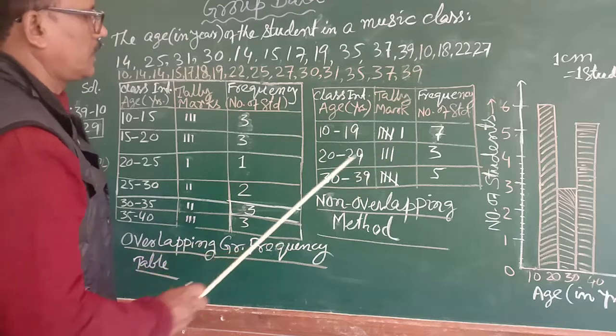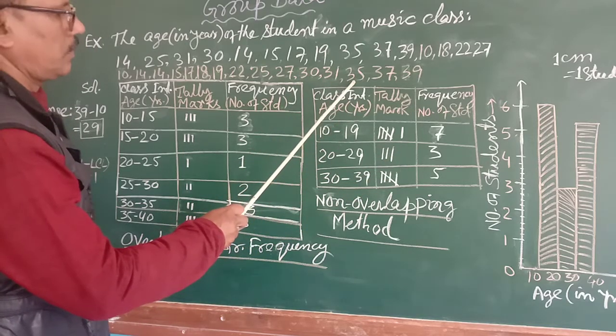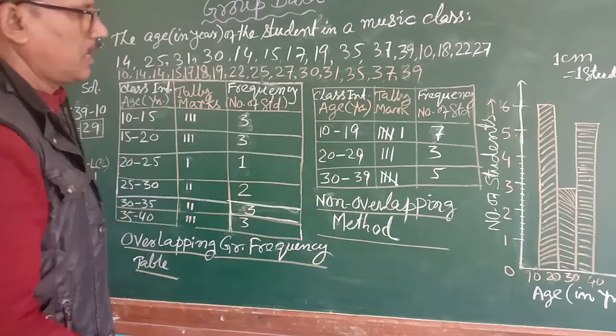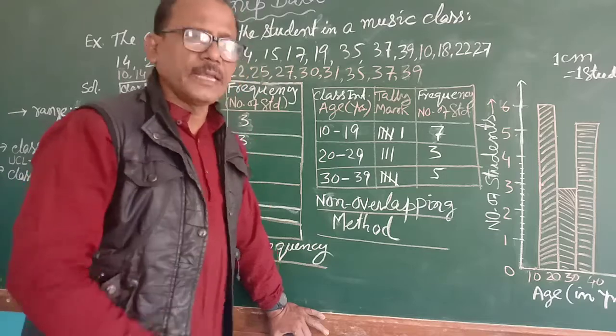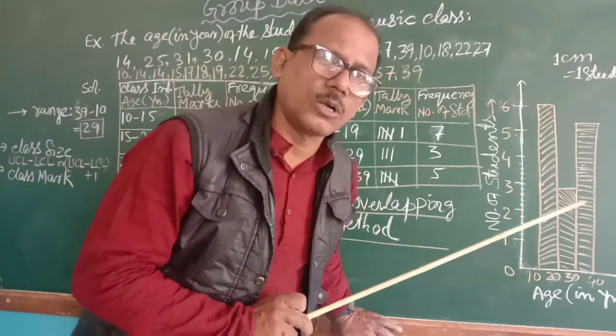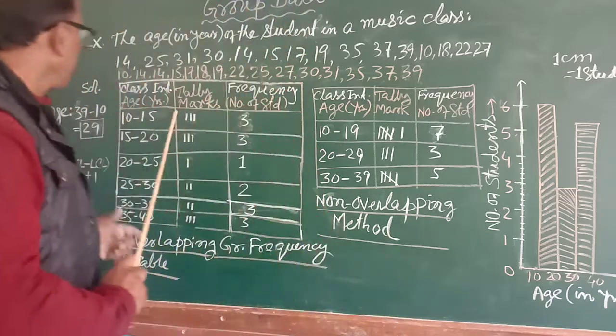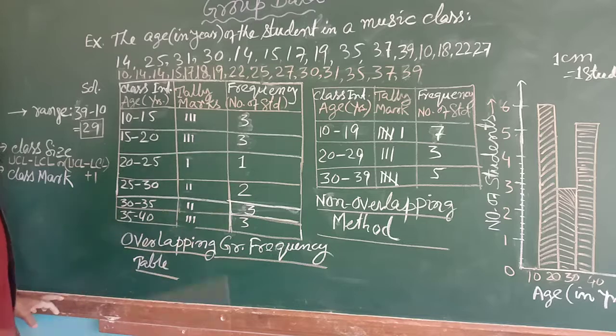Only 3 students are there. And 30 to 39 will be 1, 2, 3, 4, 5 students. So this way you have made the group limits, where you are not repeating any data; that is non-overlapping. That means the upper class limit is not repeated. Where the upper class limit is excluded, that is called the overlapping method. I hope you have understood it.